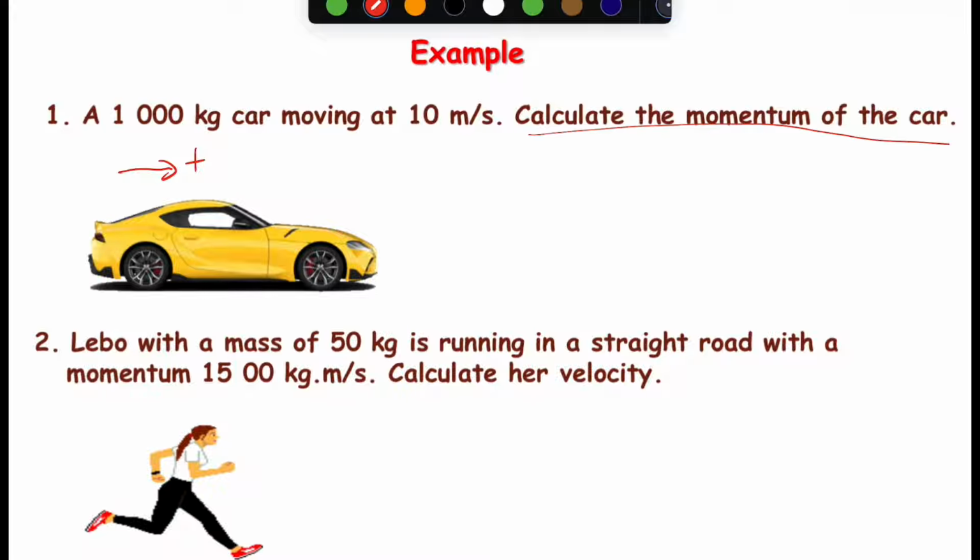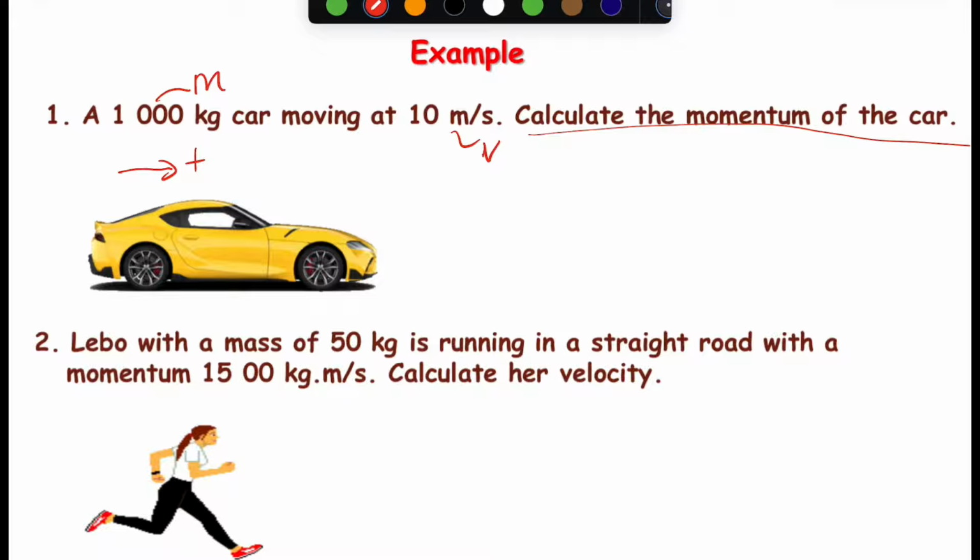It says calculate the momentum. So we have the mass and we have the velocity, right? Another important thing about momentum is that it's always in the direction of the velocity. So this velocity is going to the right in a positive direction, and the momentum is also going to the right in the positive direction.